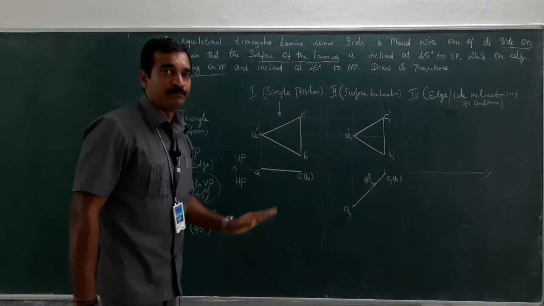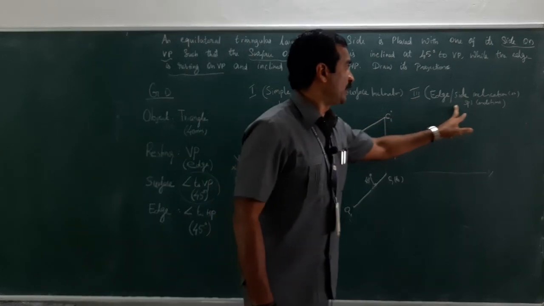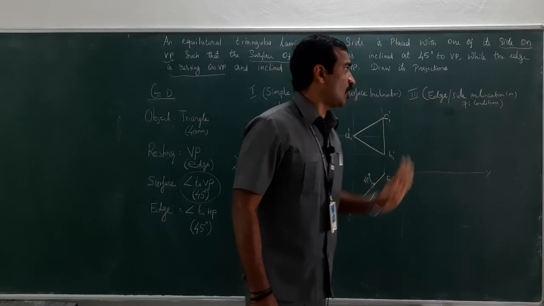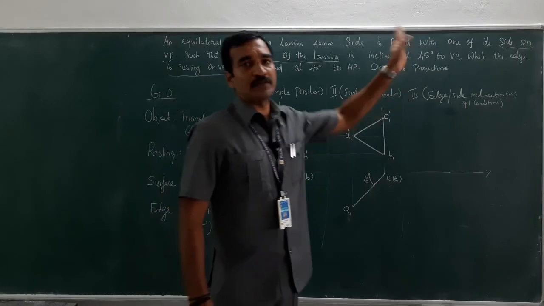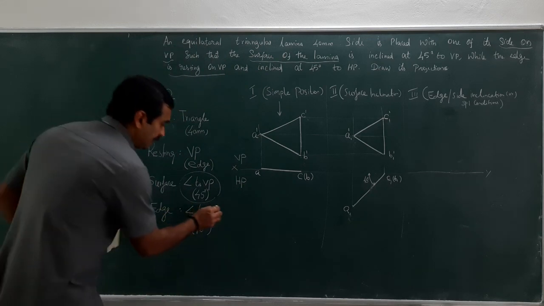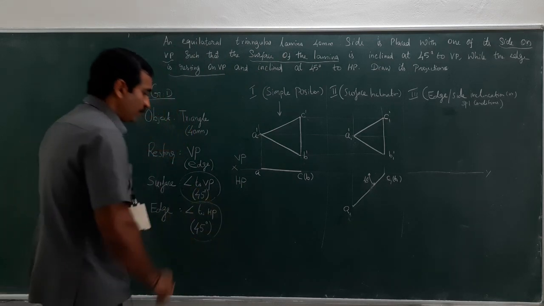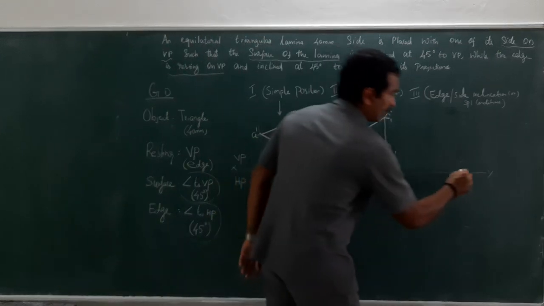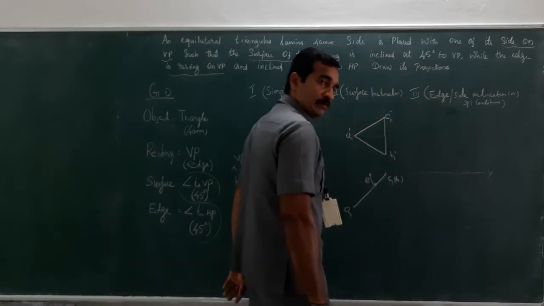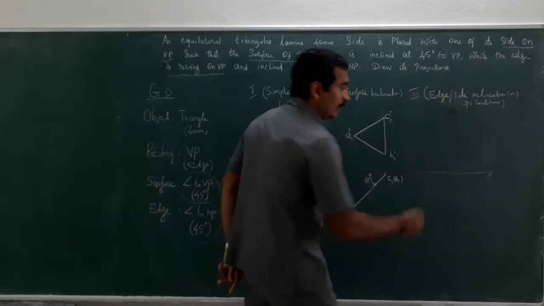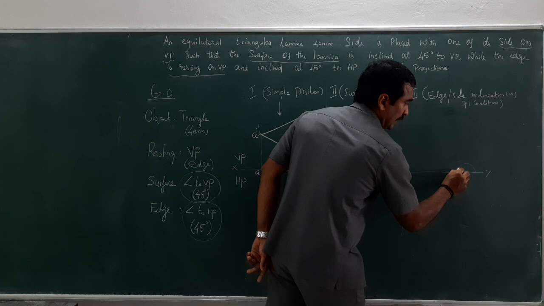Right? This is done. Next, this third stage pertains to edge inclination or side inclination or special conditions. Here, look, the edge is inclined to HP at 45 degrees. Right. Now choose a point and keep your protractor in this manner. Choose 45 degrees from the left.